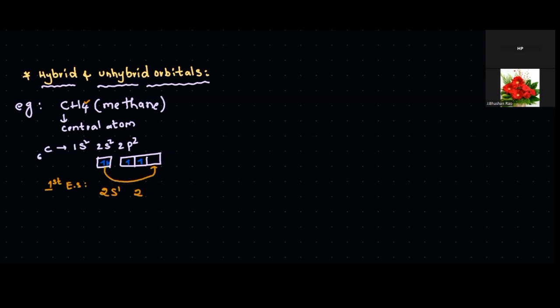This is the electronic configuration of carbon in the first excited state. The orbital representation has 1 s orbital and 3 p orbitals. Totally 4 unpaired electrons are present in the first excited state.